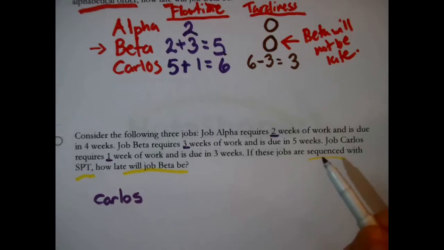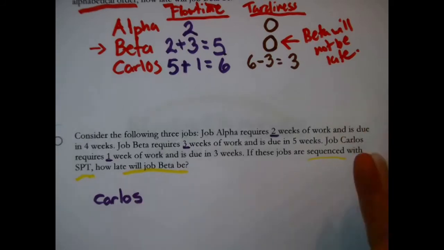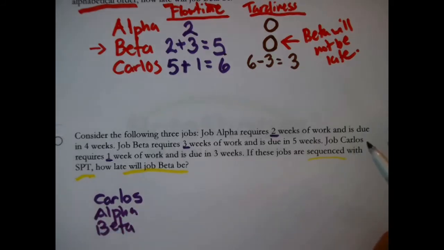So with this particular sequence, the job called Carlos would be first because it's the shortest. Then you look for who's the next shortest. That'd be alpha. So here's the difference. In this sequence, that job called beta would be pushed to the back.